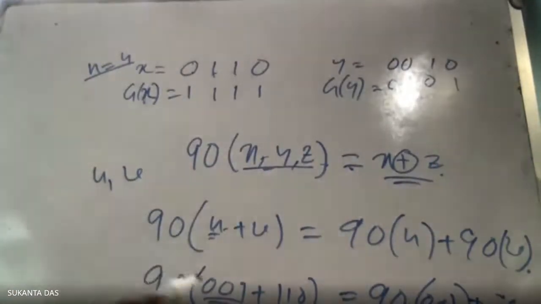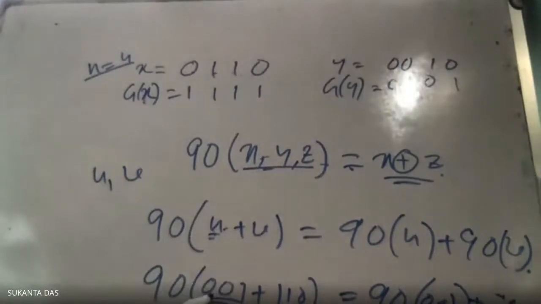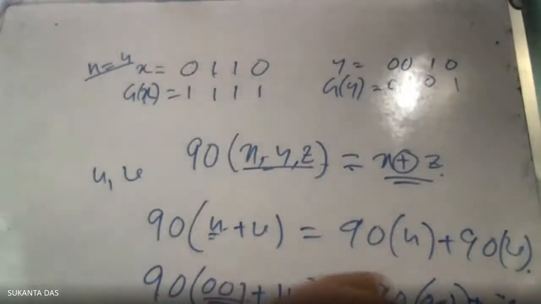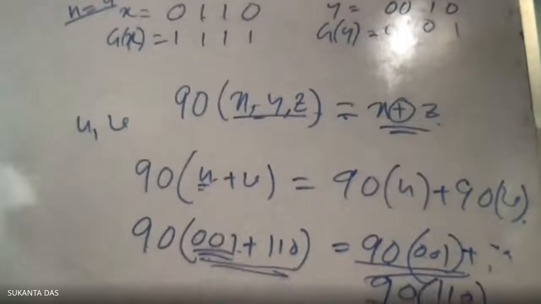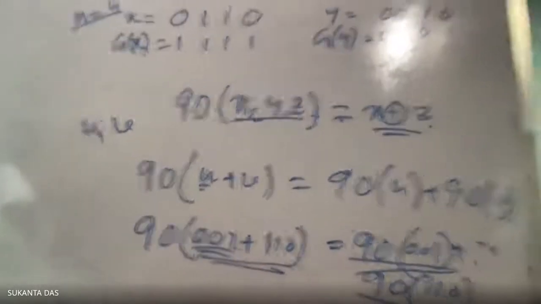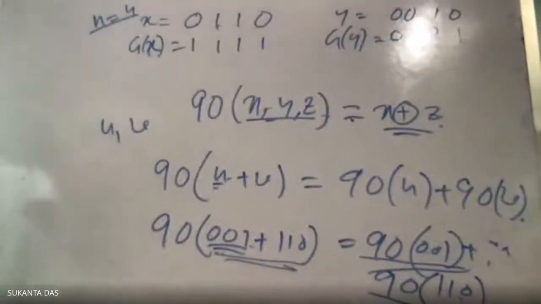One argument is 0, 0, 1, and the other is 1, 1, 0. You can put commas also. If you do this addition and then apply 90, or first apply 90 over 0, 0, 1 and over 1, 1, 0 and then add, you'll get the same result. Any more question?